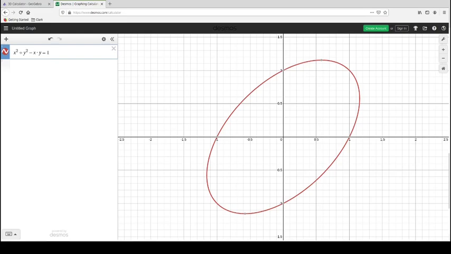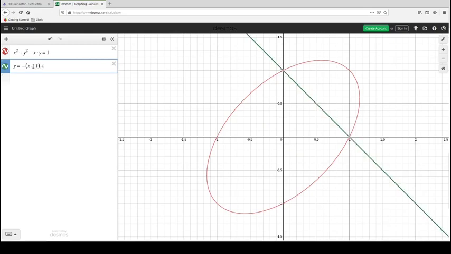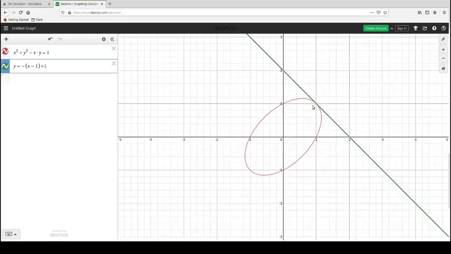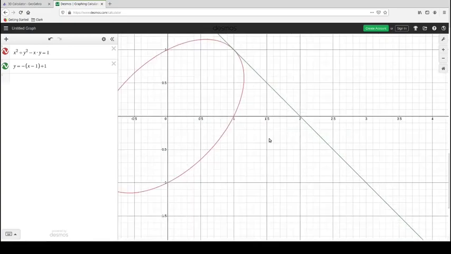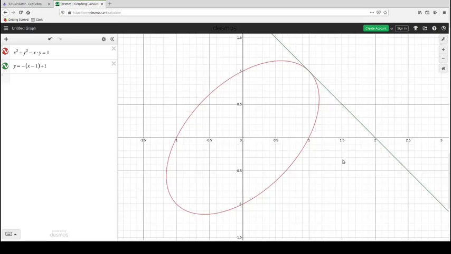So if we open up the Desmos window and add a new plot, we type in y equals negative (x minus 1) plus 1. Sure enough, we get exactly that. At the point (1, 1) on this curve, the tangent line is exactly this expression right here.